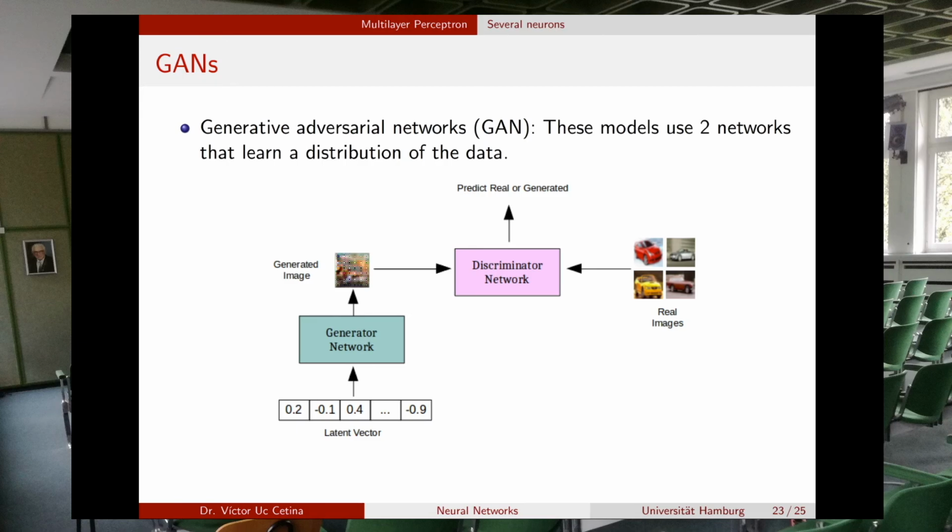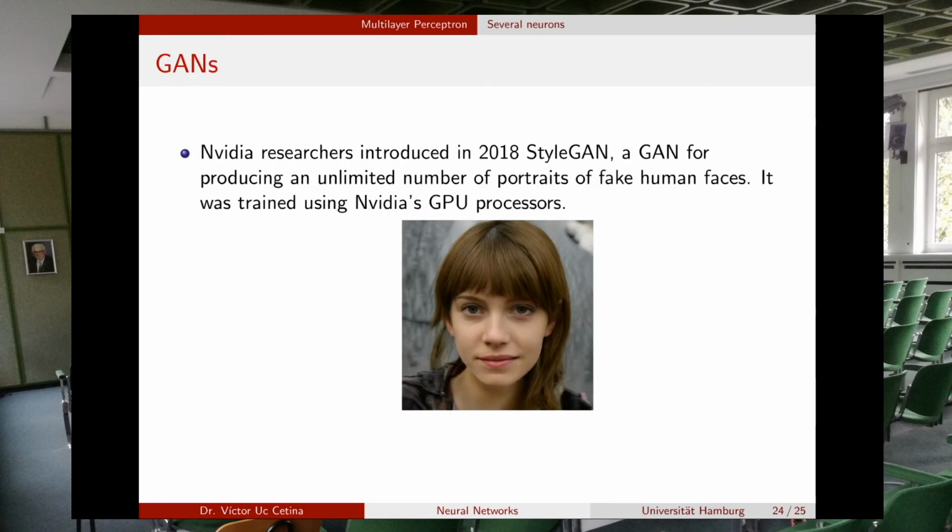A very nice example of this algorithm is the StyleGAN network. It was introduced by researchers from NVIDIA in 2018. This network is trained with portraits of human faces, and it generates fake human faces.